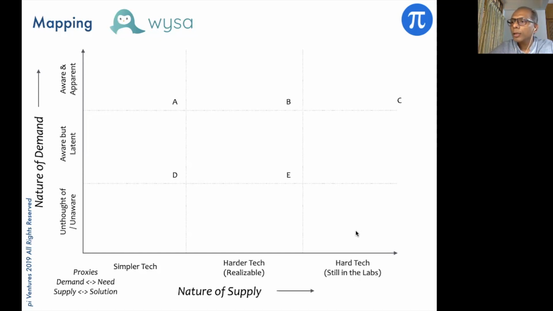Okay. Ankur, why is it E? So I think there is definitely latent demand. The category I think is still building up, even across, let's say, well-aware individuals. At the same time, I'm assuming the realizable tech that we're talking about here is entirely to do with what you explained about how their tech is very, very clinical. And what is the momentum? Is the momentum from E going towards B, or towards some other direction?